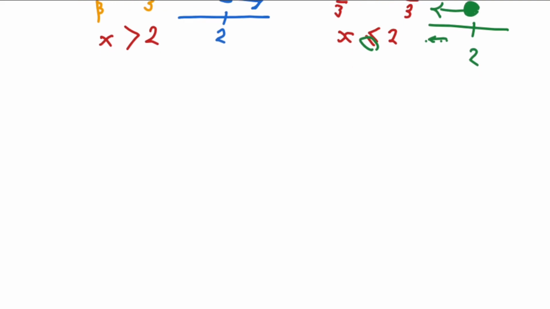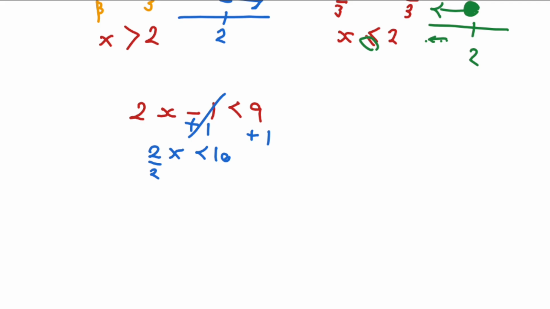Now let's look at another example and let's see if we can do it. If the question says 2x minus 1 is less than 9, what will we do here? We'll do plus 1, plus 1. This will cancel, so you'll have 2x is less than 10.